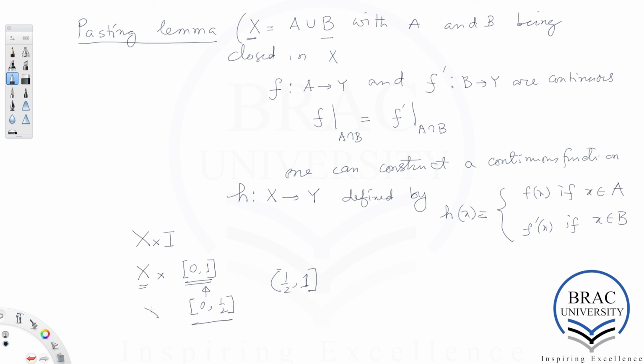So the product of these two closed sets is going to be a closed set in X cross I in product topology.